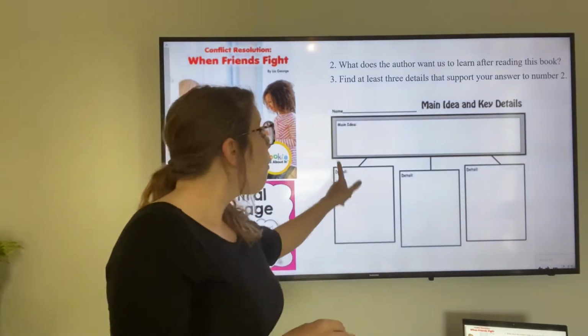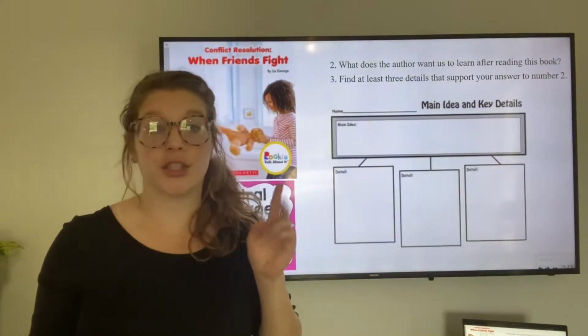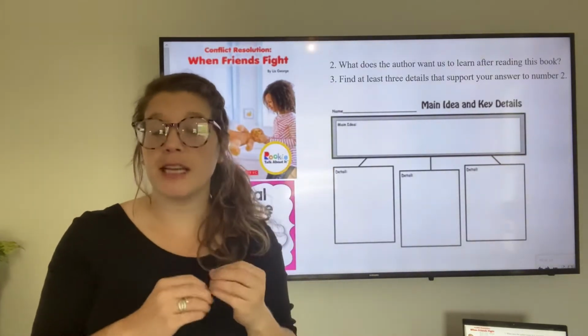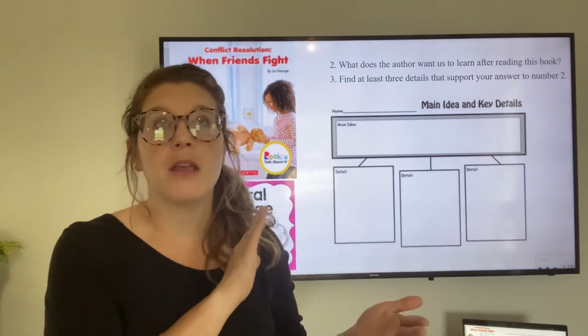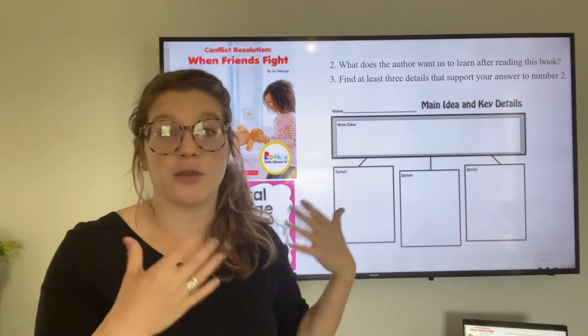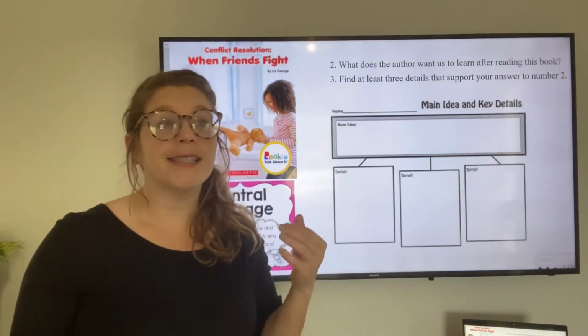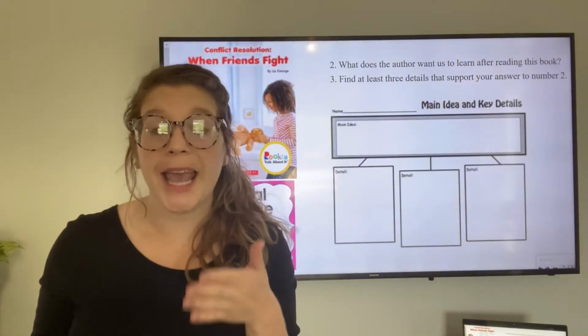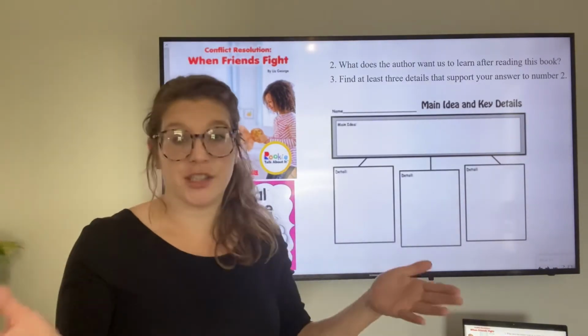And then find 3 details to support your answer. So, for example, last week, the nonfiction book you read was Kindness and Generosity, It Starts With Me. So the main idea of that book was that you can be kind and generous, and then that will get others to do so.